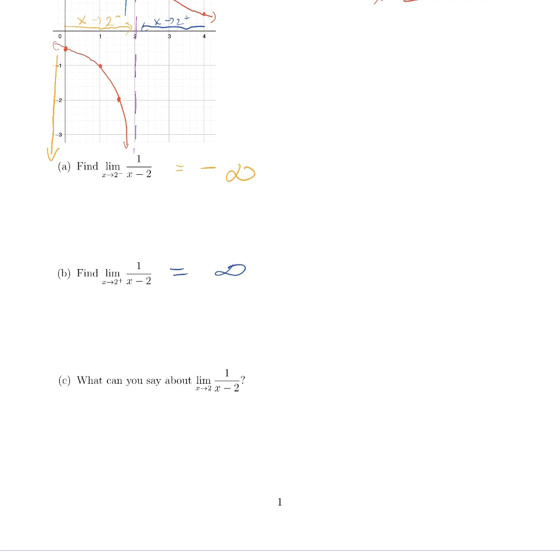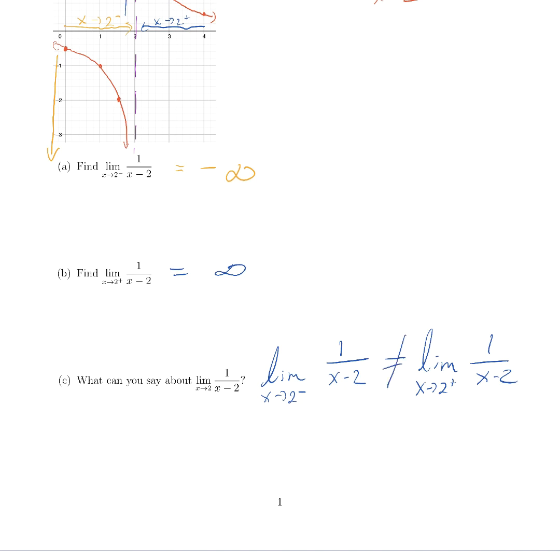Okay, what can we say then about the limit as x approaches 2 of 1 over x minus 2? Well, what do we know? We've investigated and determined what the limit is as x approaches 2 from the left of 1 over x minus 2. We've also seen what the limit is as x approaches 2 from the right. And what did we see about those things? Well, we saw that they're certainly not equal.